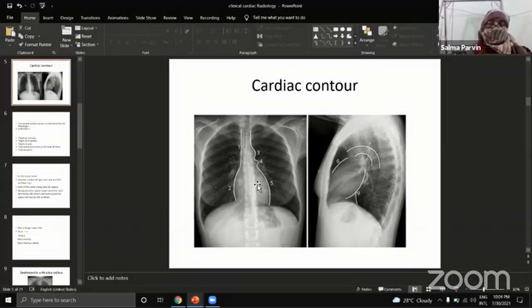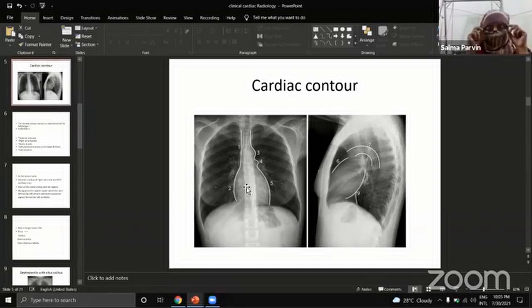The density and the caliber of the vasculature is more at the bases rather than the apices, where it is clearer, and the caliber is less because gravitational force works to produce this scenario. This is the normal vasculature, and there are some dimensions we can recall.